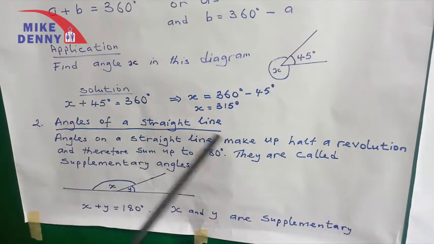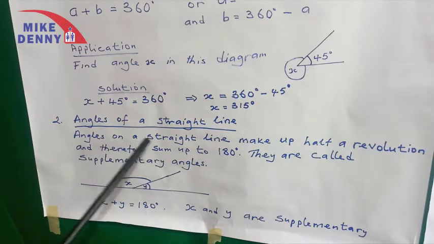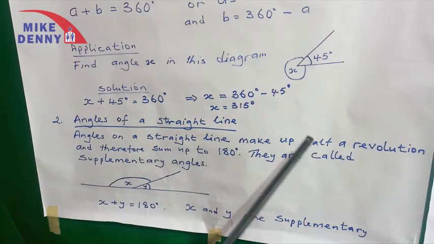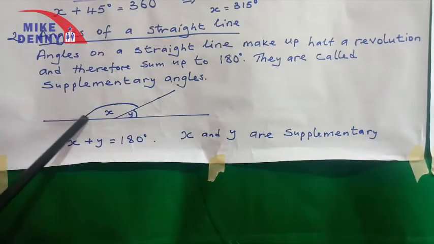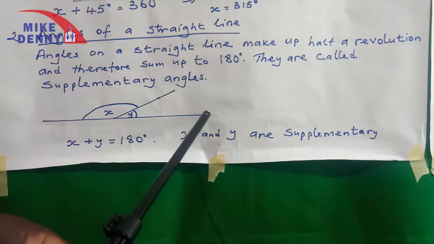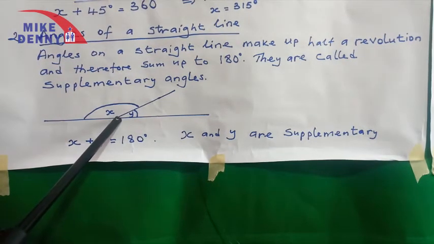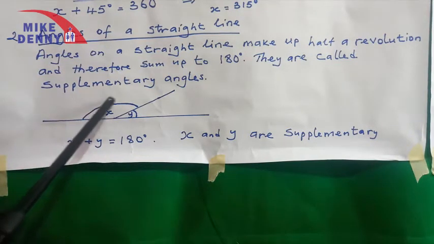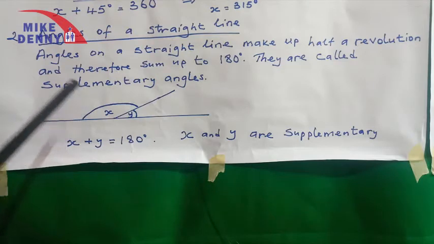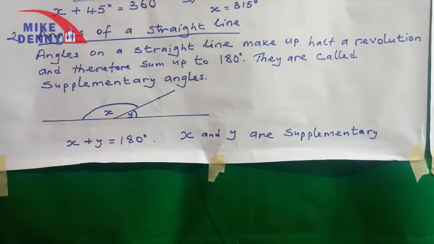Angles on a straight line. Angles on a straight line make up half a revolution and therefore sum up to 180 degrees. They are called supplementary angles. This is a straight line, and at the vertex here you have two angles, and we have said the angles on a straight line make half a revolution.